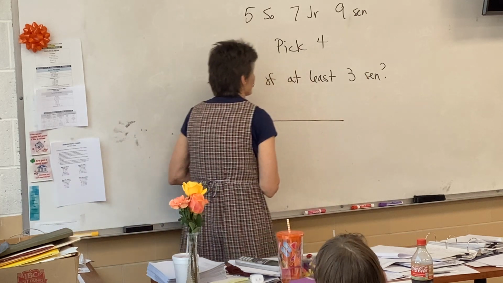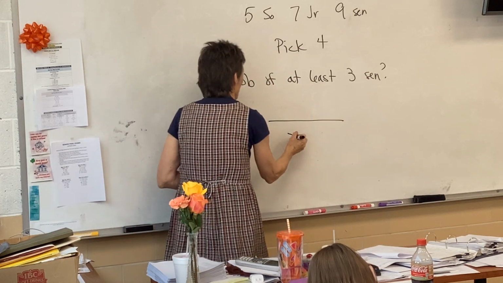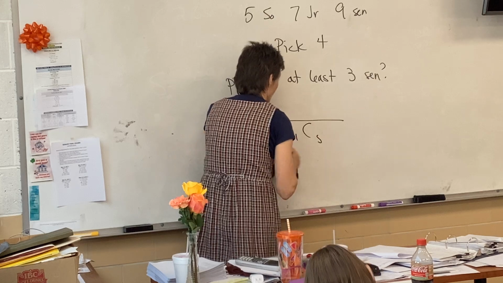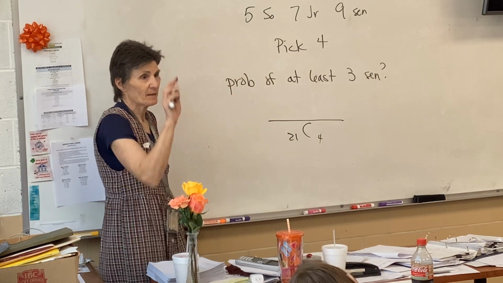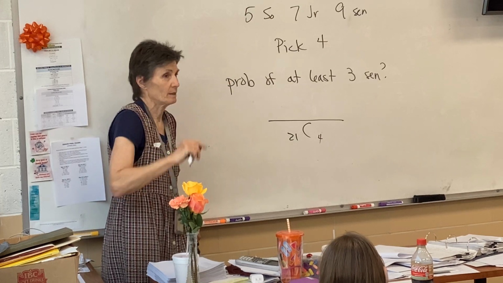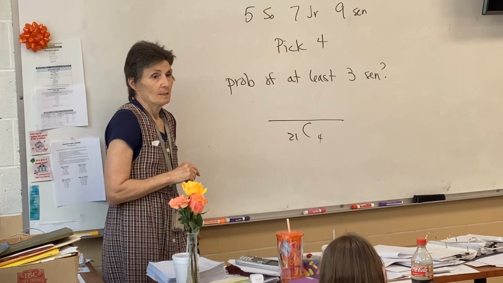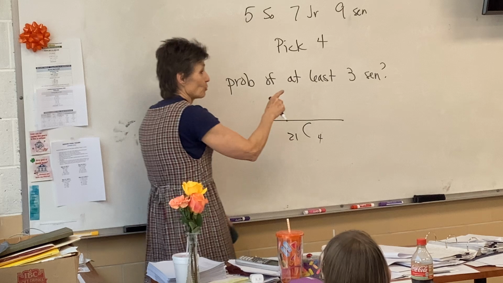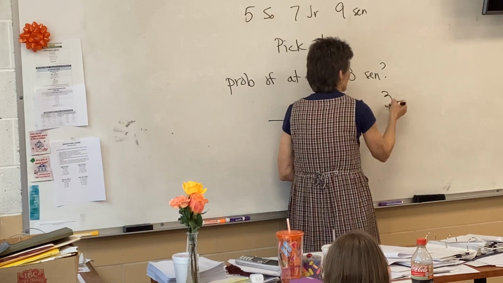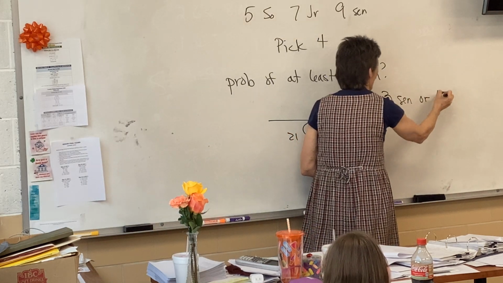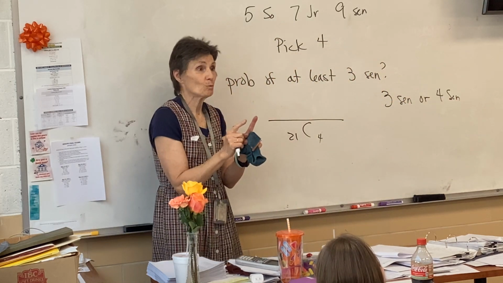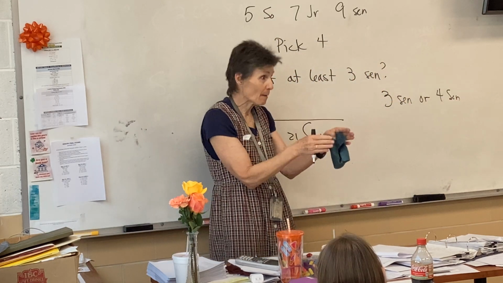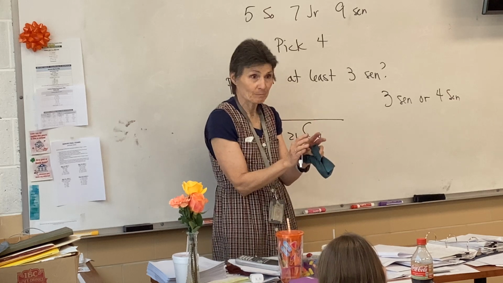What's the denominator gonna be? 21C4. I'm picking 4 kids out of a group of 21. Now, at least 3 seniors means 3 seniors or 4 seniors. In an OR situation, you do each problem separately and then add them.